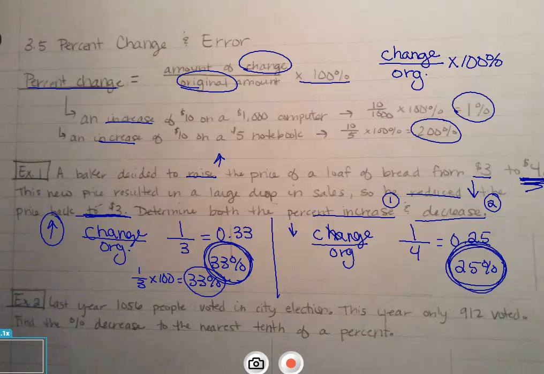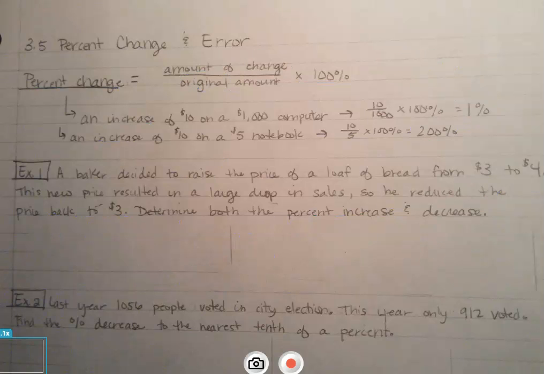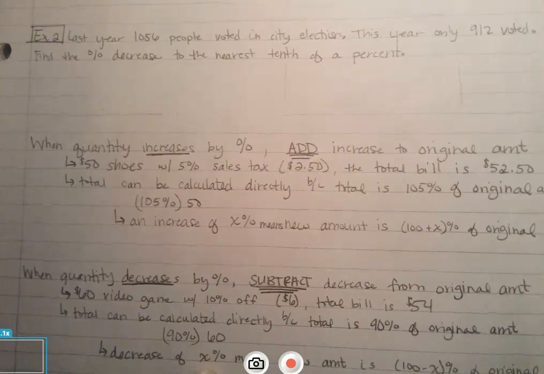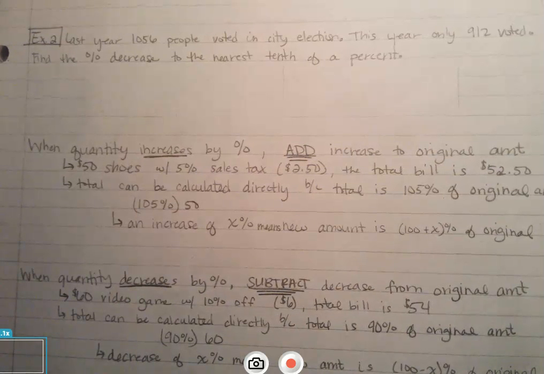Okay, so let's try example 2. Last year, 1,056 people voted in city elections. So let's underline 1,056 people. This year, only 912 voted. Find the percent decrease, so they're telling you that it's a decrease, to the nearest tenth of a percent.